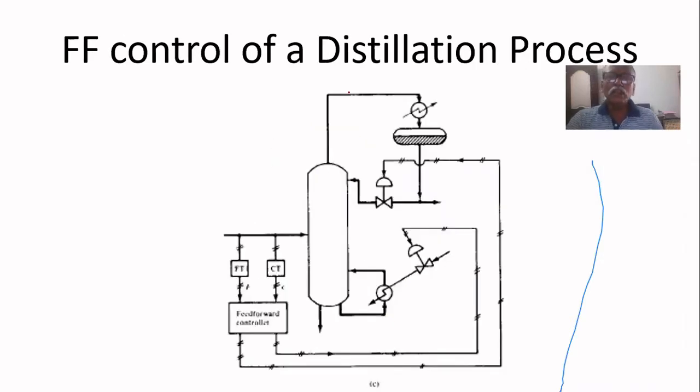Another example, a distillation column in which, for both reflux ratio control as well as reboiler, we have a feed-forward controller. The reflux ratio is based on inlet temperature of the feed. Feed is entering here into the distillation process. If inlet temperature changes, definitely there will be a change in temperature inside this distillation column.